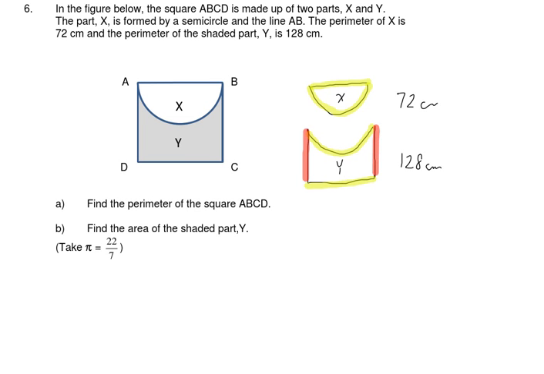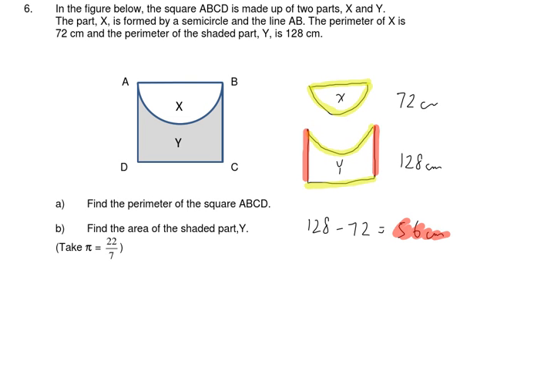So in order to find these two parts, the one in red, I can use 128 minus 72, right? Yes or no? And what would that give me? 56 cm. And this 56 cm is actually the part in red, the two red lines, right? Correct or wrong? But I just want to find the perimeter of the square ABCD.